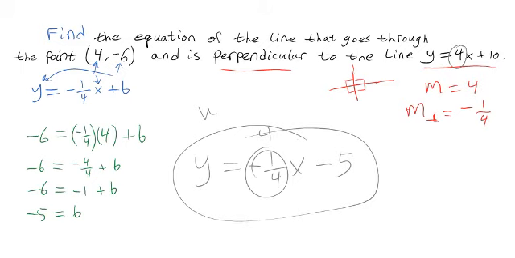You would plug in whatever point you're given. Of course, you probably wouldn't be able to use this same point because your parallel line wouldn't pass through it. But whatever the question gives you, plug in that point, use the appropriate slope, solve for b, and then write it in this form: y equals slope times x plus whatever your b is.